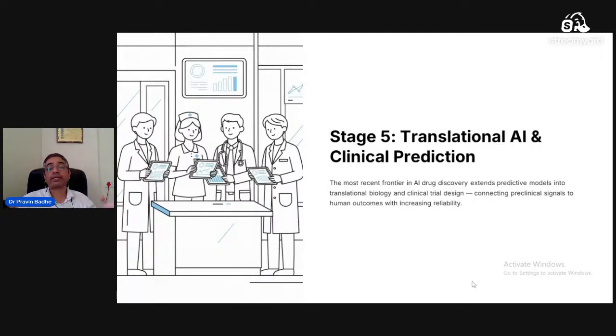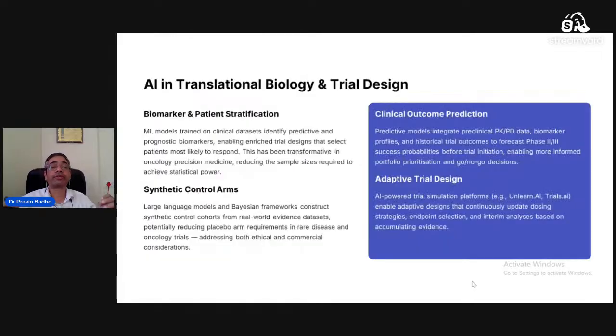So we need to understand that AI drug discovery needs to extend this prediction into the translation of biology into the clinical study. That way we can have a number of compounds in the market which will help to treat patients, and that is very important.